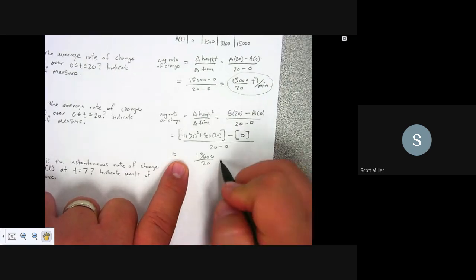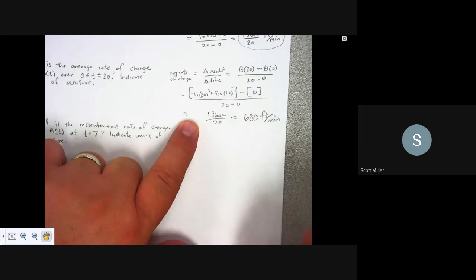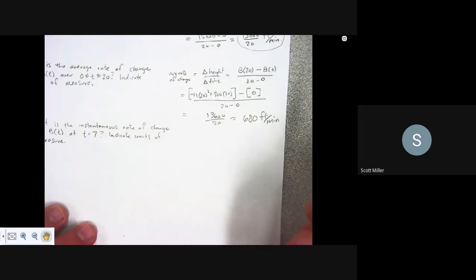And I have 680, and again, feet per minute. Okay? And so this is what you would show me and what you do on your tests. So again, make sure you put in the proper units at the end of this thing, because they are a rate. Remember, rates have to have units in this fashion.